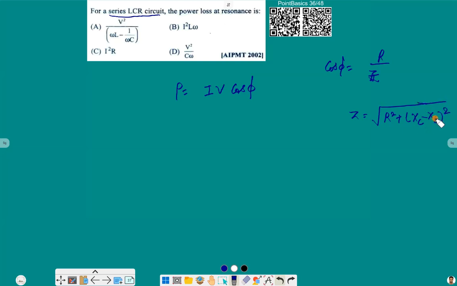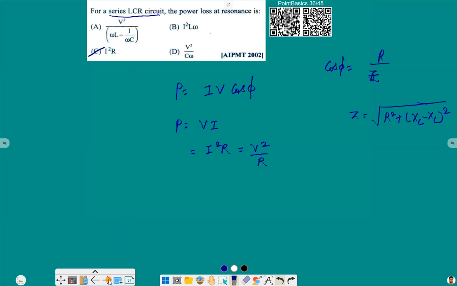At resonance, Xc and XL are equal, so R is equal to Z. So cos phi is equal to 1, or in short, power is equal to Vi. And we can write it like either I square times R or V square divided by R. So option C matches with the answer. So option C will be the right answer here.